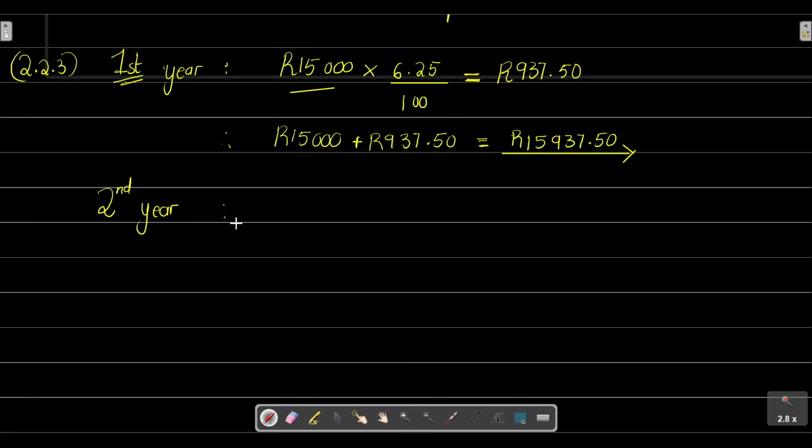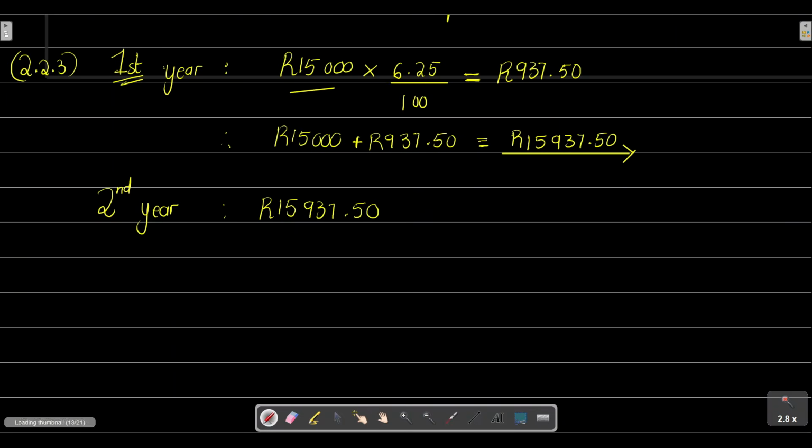Now to calculate how much he would get at the end of the second year, we're going to use this accumulated amount and not the initial amount of 15,000. We only use the initial amount when we're doing our simple interest calculation. So we're going to take that 15,937 rand and 50 cents.